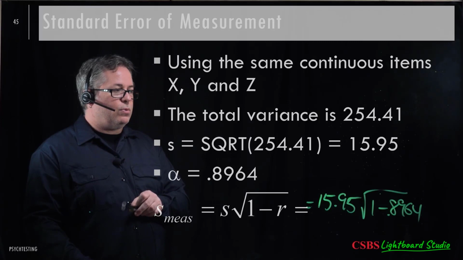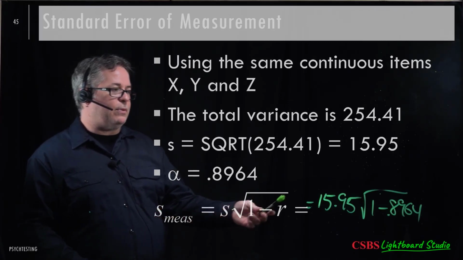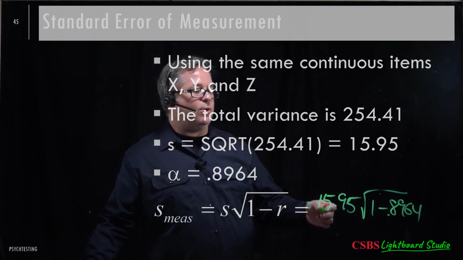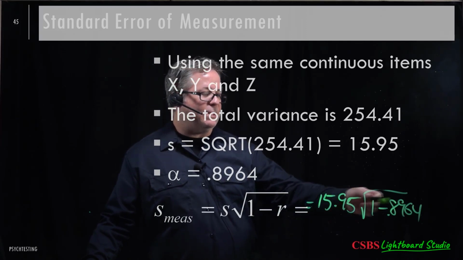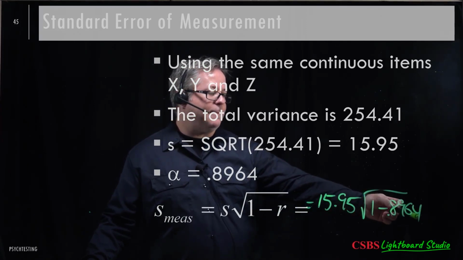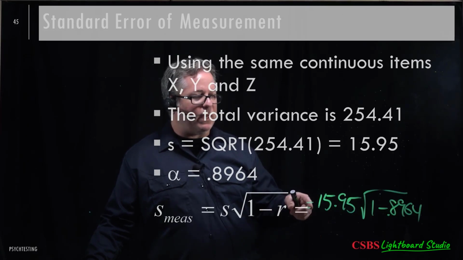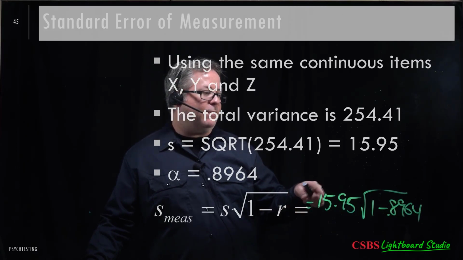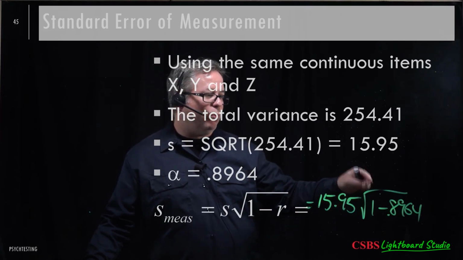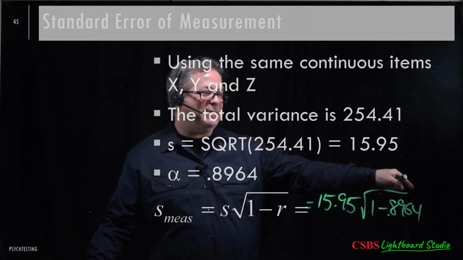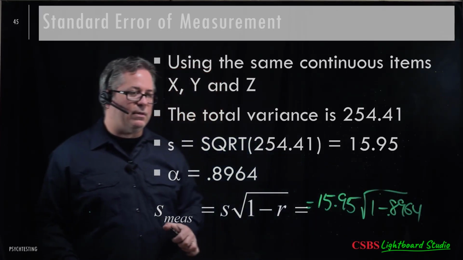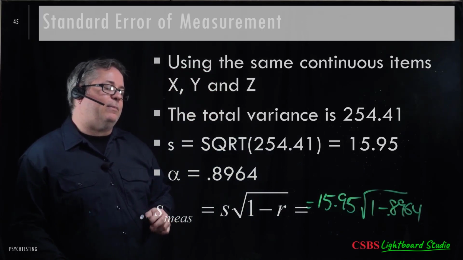Sometimes it's an order of operations issue. I started to go 15.95 times and then this, and I thought, no, I backed up and did 1 minus 0.8964, took the square root of that and multiplied it by 15.95. If you go the other way around, it may do something goofy like 15.95 times the square root of 1 minus, depending on how you type it into the calculator.